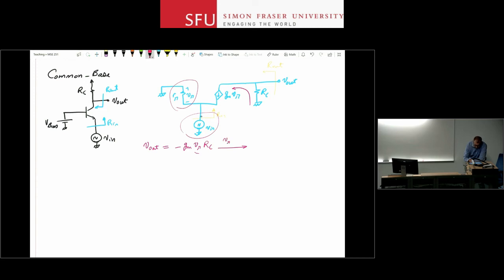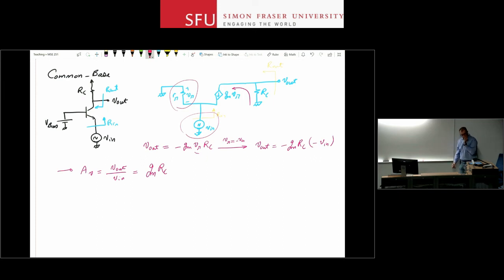The positive terminal of V pi is connected to the negative end of V in. So V pi is minus V in. And therefore I can show that V out is minus GMRC times minus V in. Okay? So two negatives cancel each other, so the voltage gain is going to be GMRC.